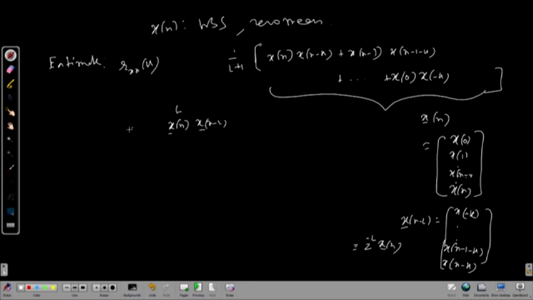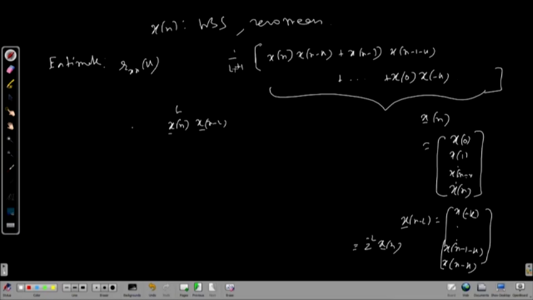So this will be a good estimate of the correlation. This product, you just have to take the average by dividing by L plus 1, right.